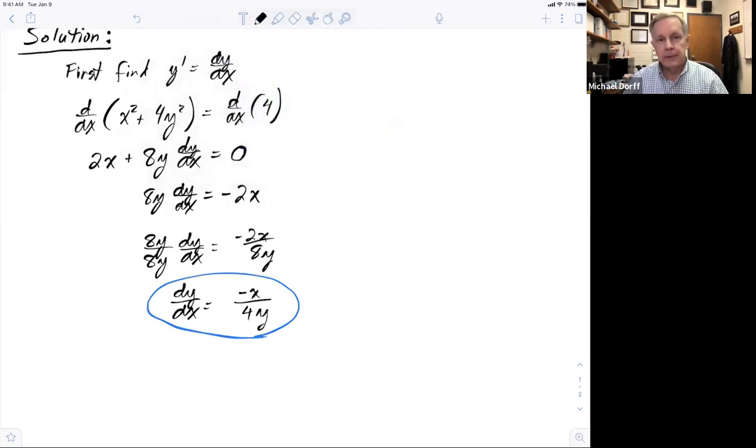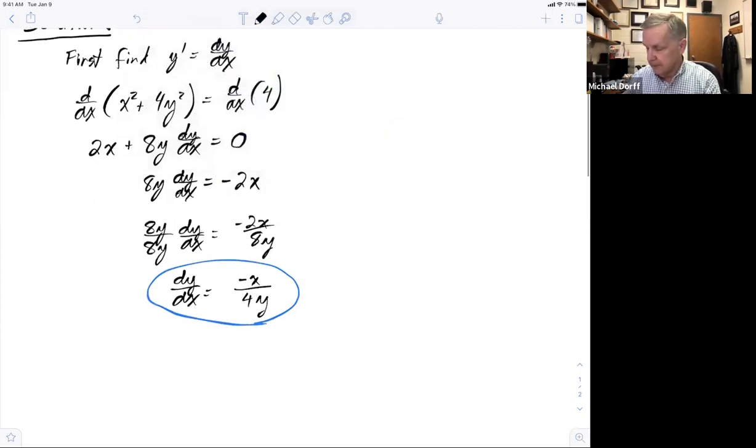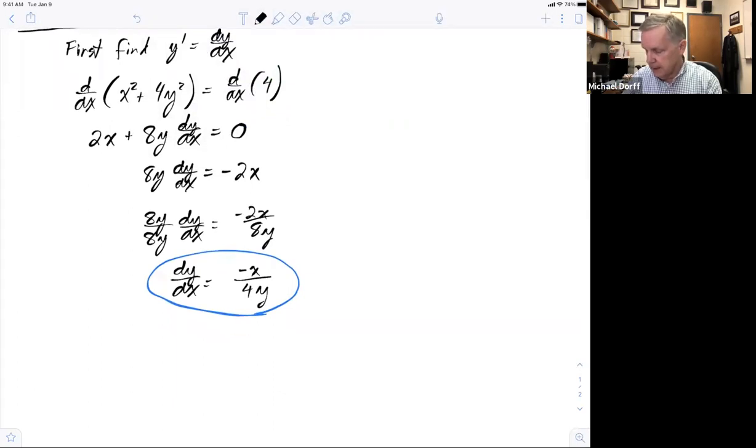Now, we found the first derivative. What we really want to do, what we're supposed to do, is find the second derivative. So we notice that y double prime, the second derivative, would be the derivative of the first. So I'm going to do d/dx of dy/dx, the part that we just found.